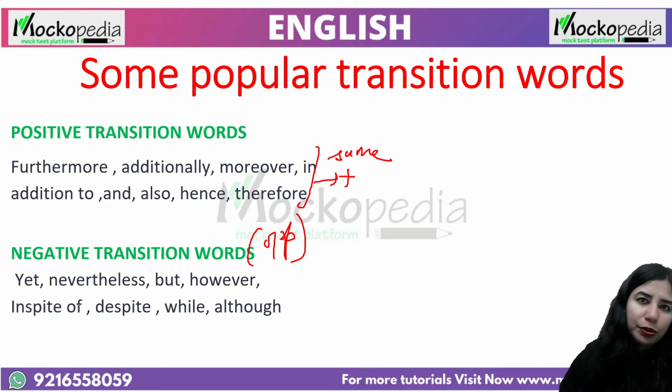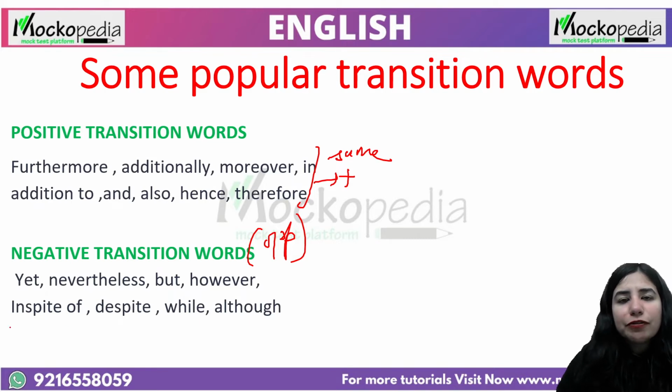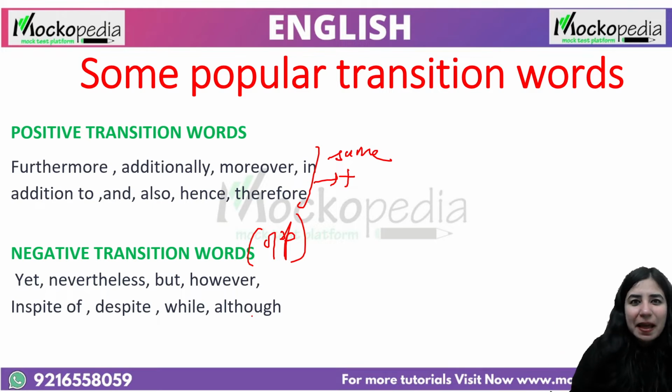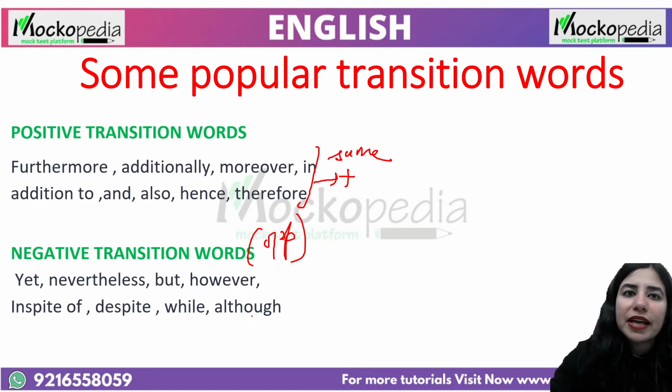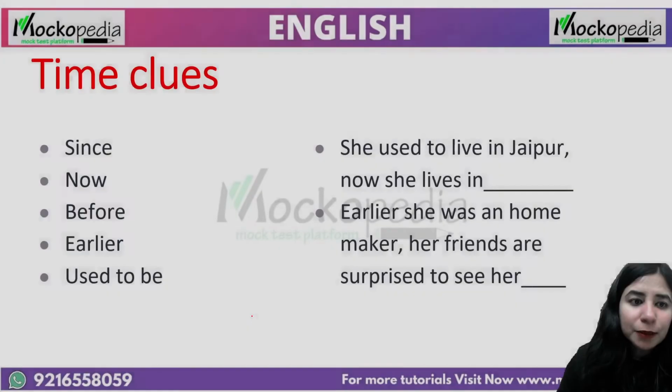In spite and despite you can use in the same way. Despite being unsuccessful in the first attempt, Harry went for the second attempt, right? While everybody was sleeping, I ensured to reach the venue on time. Although rest of the species of bird have declined, cockatoo is still surviving, right? So these are some examples where we have used negative transitions, and we are seeing that these words are taking the discussion in the opposite direction, right?